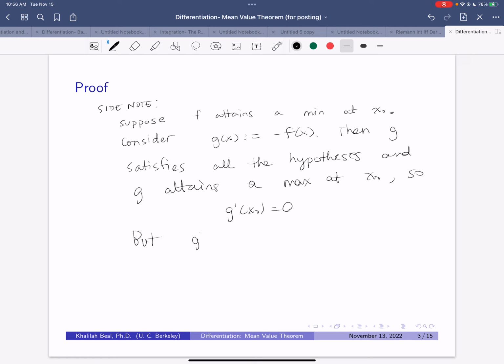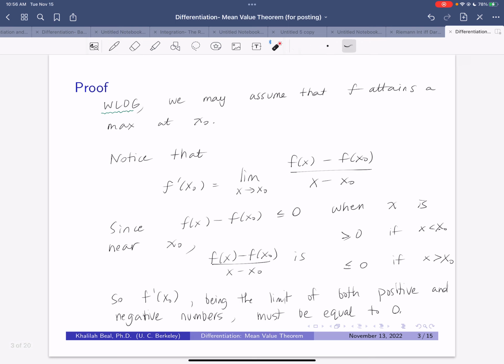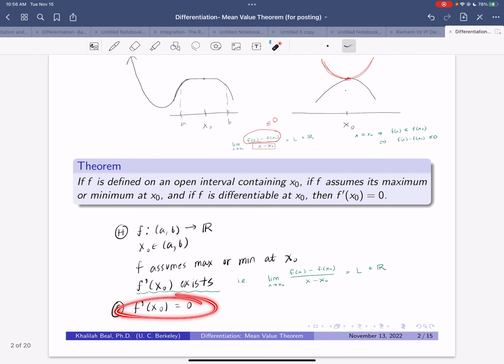But what is g prime of x naught? Well, it's nothing but minus f prime of x naught, right? So f prime of x naught is equal to 0, too. So in this instance, I'm just taking a moment to show how easy it is to get both cases. Once you've proved the claim for f attaining a max, you can easily get the claim for f attaining a min by considering minus 1 times the original function.